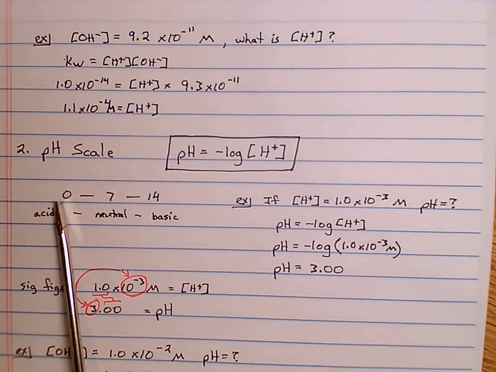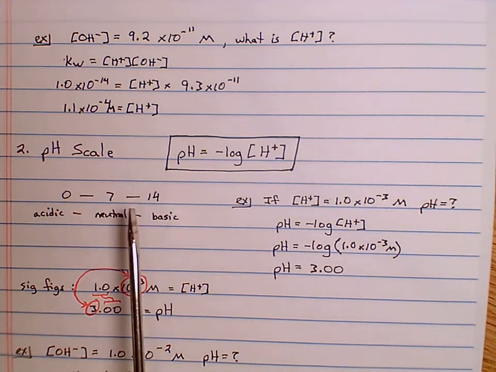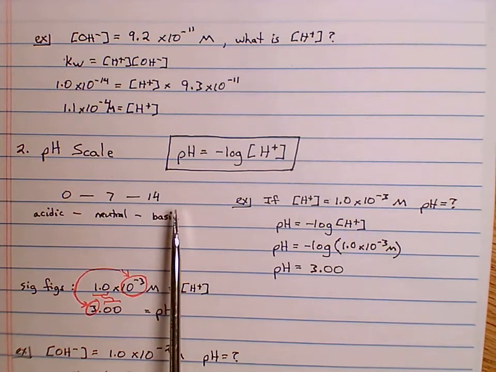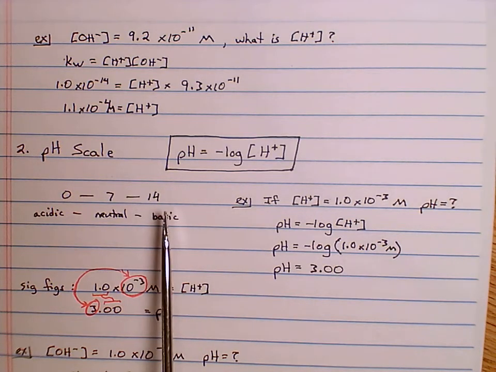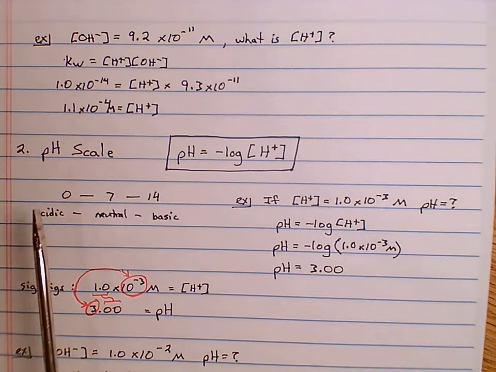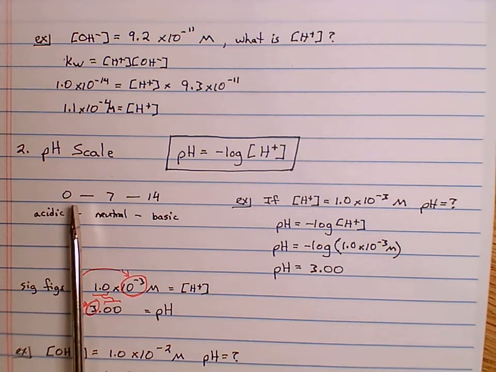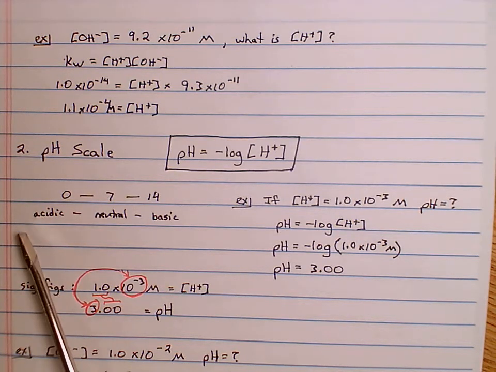Most books have it go from 0 to 14, but there are example problems where you can get pHs of 15, very, very basic solutions, and pH, well, what's less than 0? Yes, you can have pHs of -1. It's actually quite easy to make a -1 pH solution. All right.